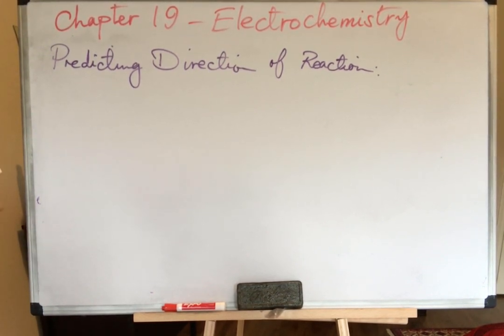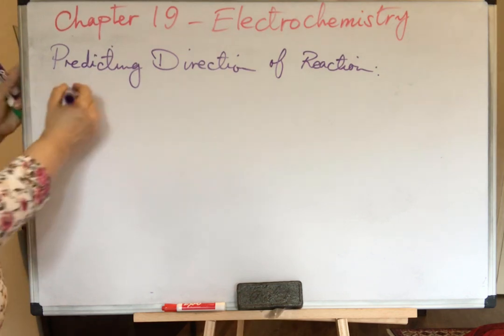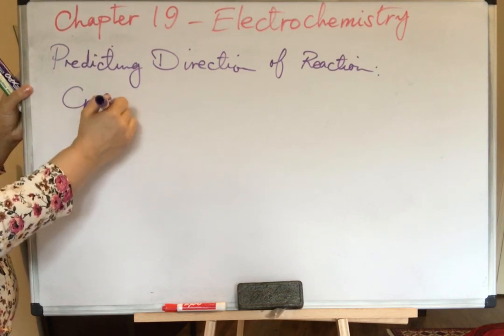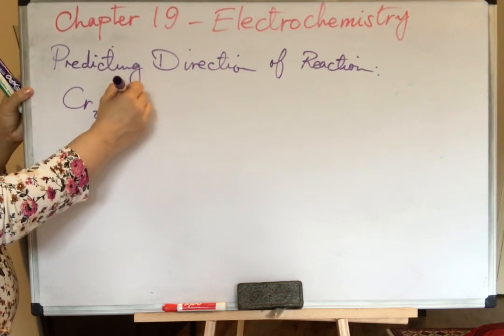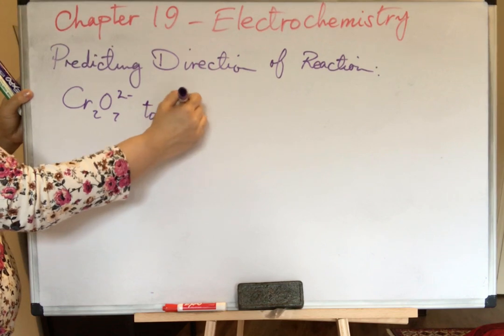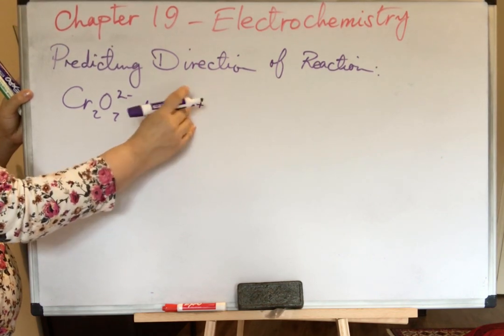Like the question is, will dichromate ion oxidize manganese 2+ ion to permanganate ion in acidic solution under standard conditions? So dichromate changes to chromium. That's what the question is saying.